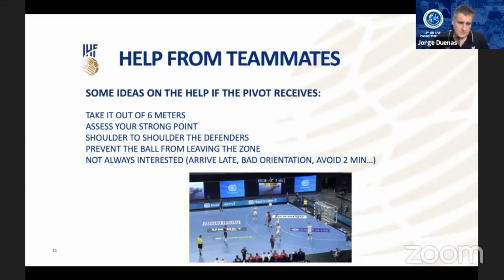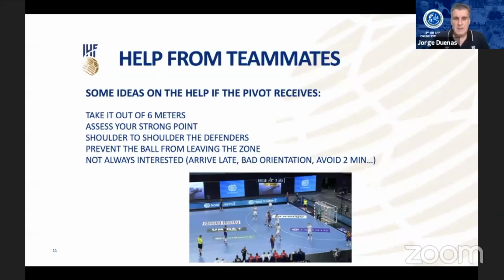When the pivot takes the ball, has the ball, it's very important to take him out of 6 meters. Try to push him out of 6 meters. It's very important, but it's difficult for the player to understand.